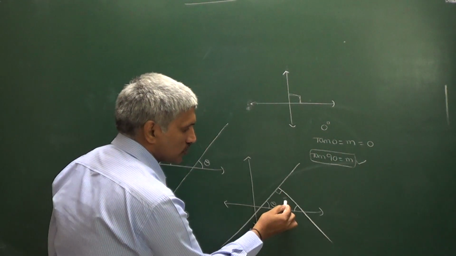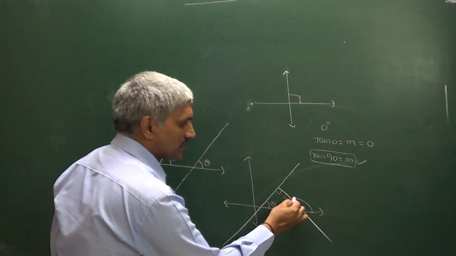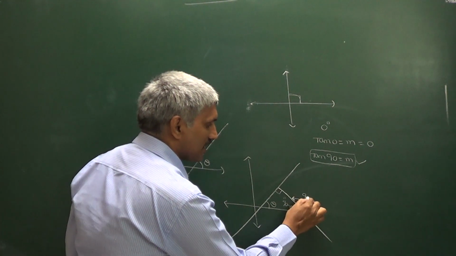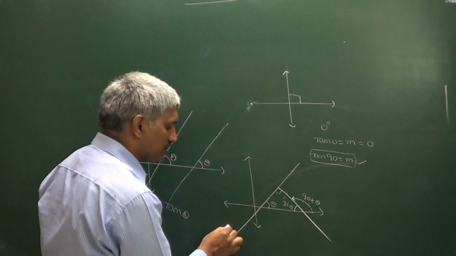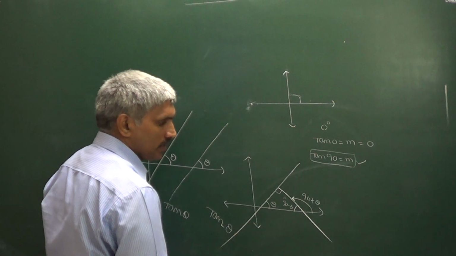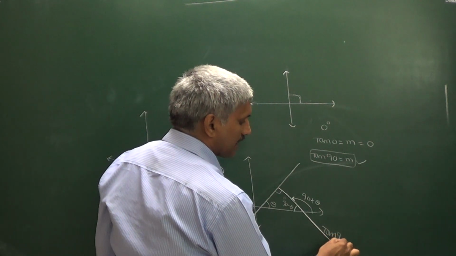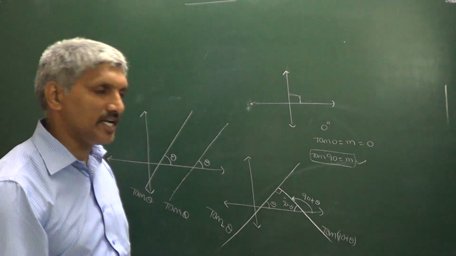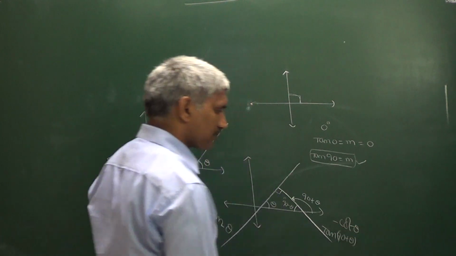It will be 90 minus theta, but this is the inclination of that line. That inclination is 90 plus theta. This line's inclination is theta, that's why tan theta is the slope. This line's inclination is 90 plus theta, that's why tan(90 plus theta) is the slope. You know, tan(90 plus theta) is equal to minus cot theta.